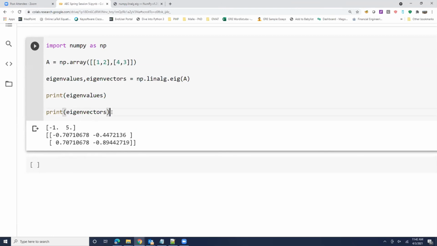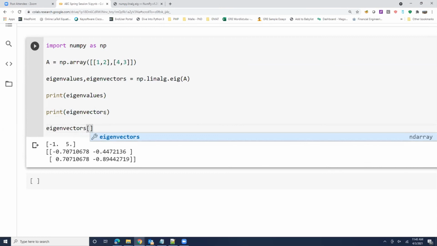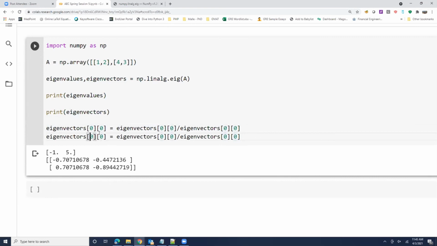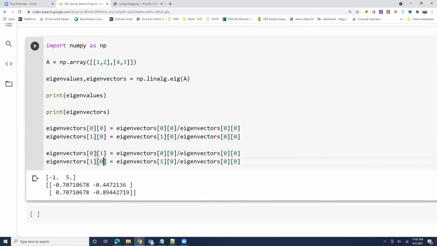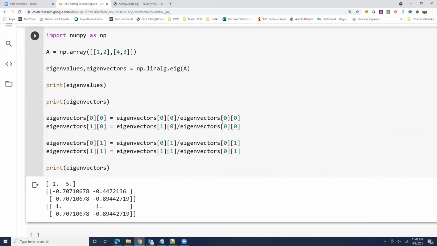If you notice, if I divide this by the first value, and then I divide... oh, did I do it wrong there?